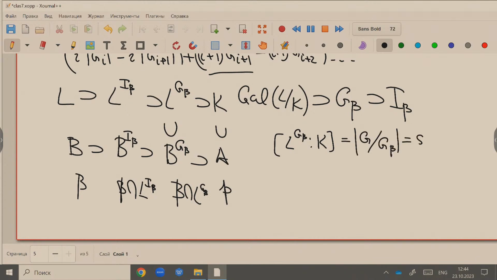This is just the order S. One can start considering ramification indices, and also N is obtained as E, F, and S.